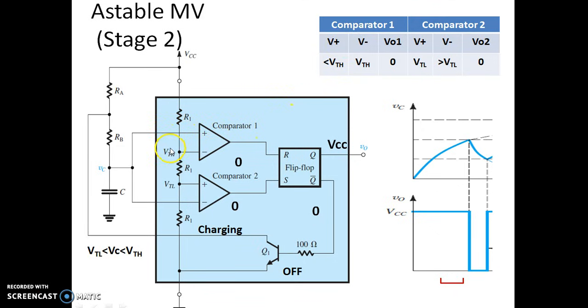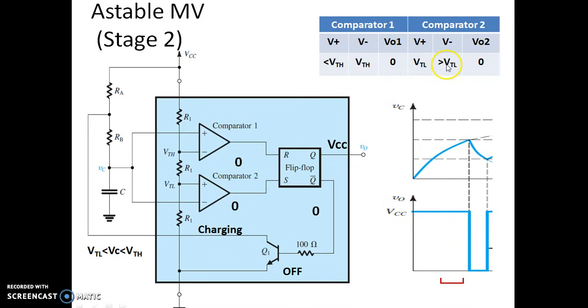In the first comparator, the capacitor voltage is still less than VTH. But this V minus is VTH. The output of the first comparator: V minus is greater than V plus, so naturally the output voltage is minus V sat, which is 0 volts. Coming to the second comparator, V plus is VTL.